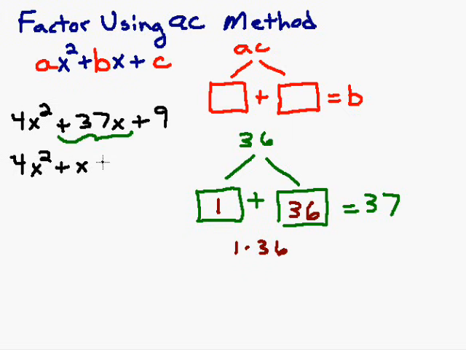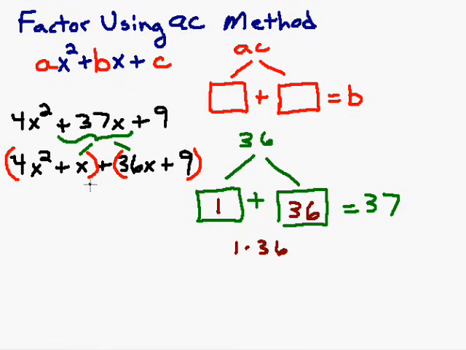So I'll just do plus x plus 36x plus 9. So in that step, we took our 37x and we split it up into 1x plus 36x, which is the same as 37x. And the reason we did that is so we could create 4 terms and create a factor by grouping problem. And now we just solve it like a factor by grouping problem.